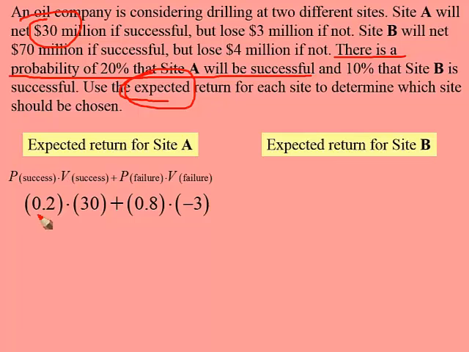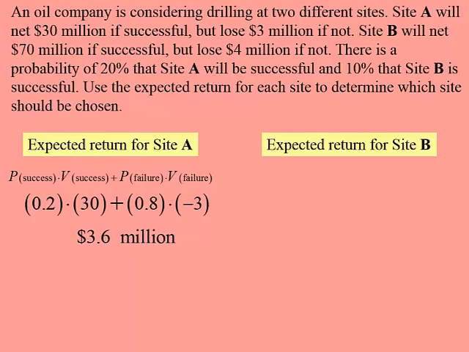Now, we know that if it's 20% probability of success, it must be an 80% probability of failure. The two have to add up to 100%. The value of failure is to lose the 3 million, as in the negative 3. And so multiplying these together and adding them up, we get 3.6.